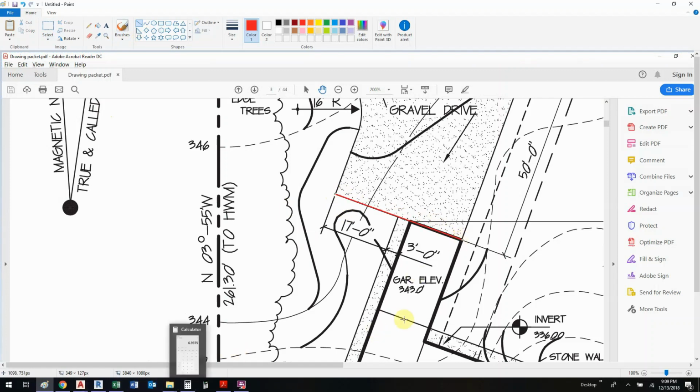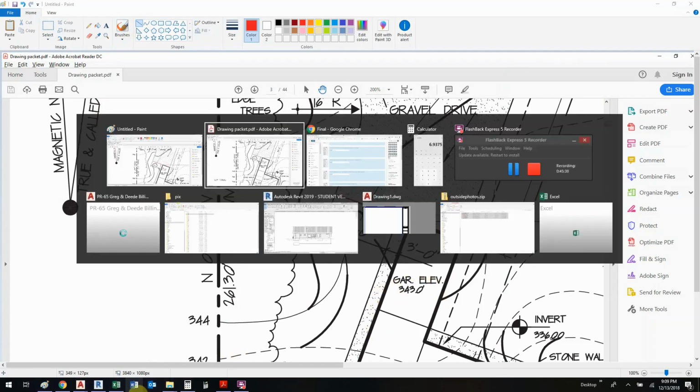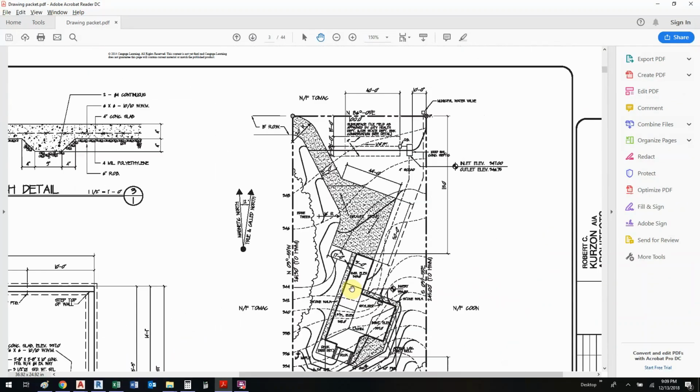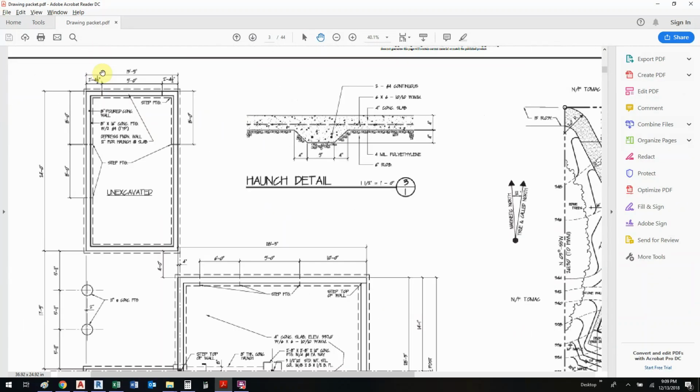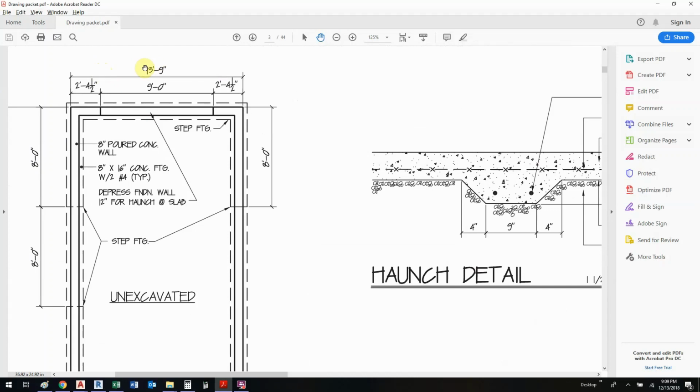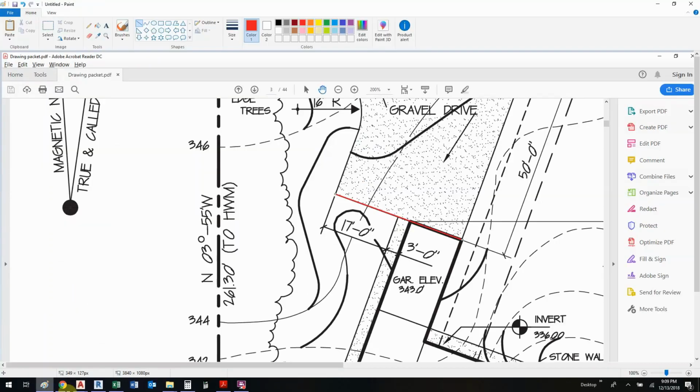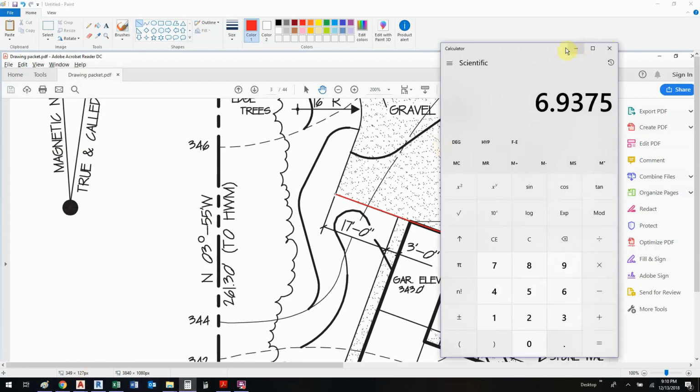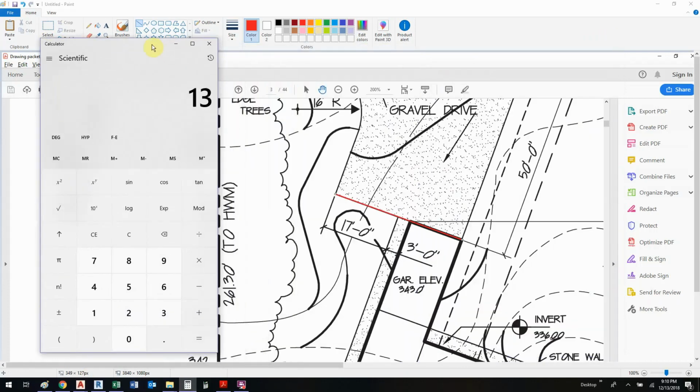So how big is this? Let's find out. This is the garage, and the garage is 13.9. Okay, so I have 13.9 plus 3 feet plus 17 feet. That gives me a total of 33 feet 9 inches from this point to that point.